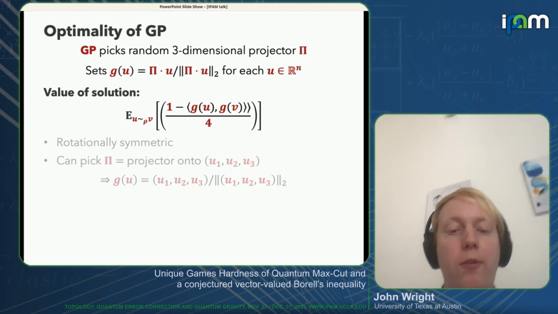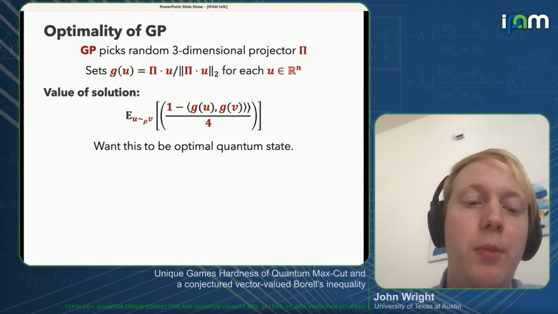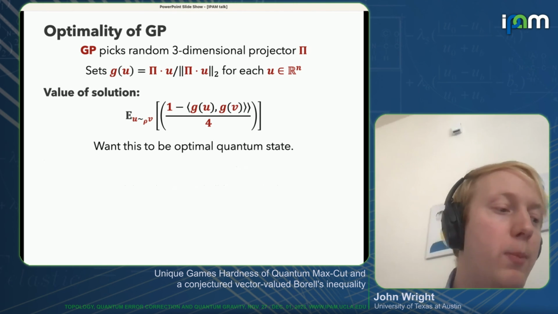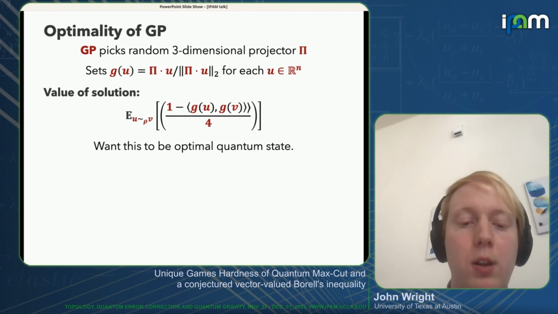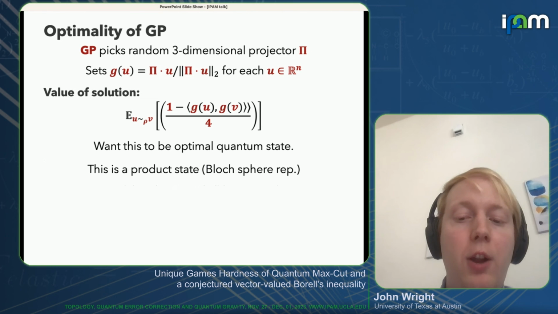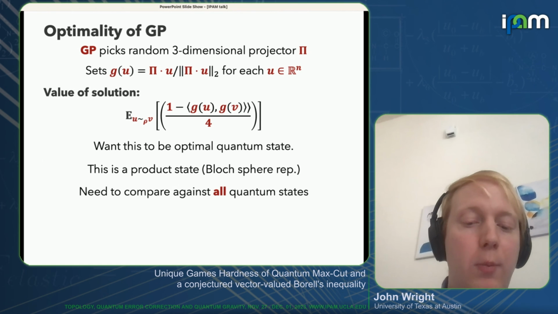So what we would like is that for this graph G, we want this product state assignment that Gribling-Perec outputs to be the optimal quantum state. But you remember, this is a product state, so we're defining it in the Bloch sphere representation, but this is just a product state. But we need to show it's not optimal just among product states, but among all quantum states, even ones that are entangled.